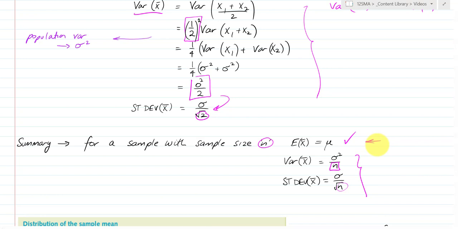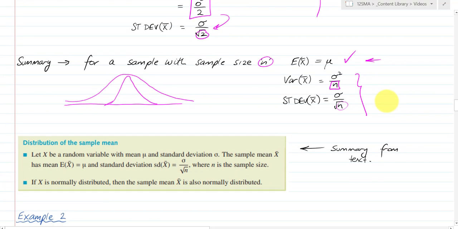An increased n decreases the variance and decreases the standard deviation, which means that if I have an n of, say, 5, it could be really well spread out. Whereas if I have an n of 100, I'm expecting it to be a lot closer. And as I increase n, I get a more accurate estimation of my population mean from my sample mean, as you would expect. So let's talk about the distribution very quickly, just a summary.